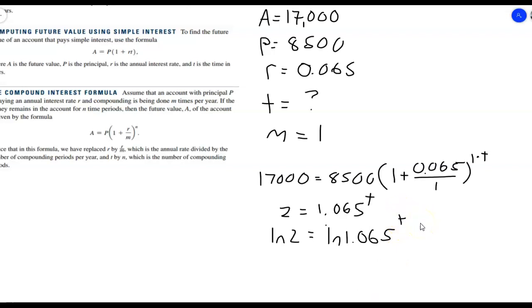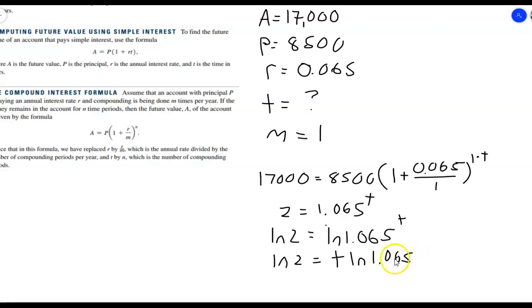And the special property of logarithms, which is on the bottom of page 384, says that if we have a logarithm, we can take the exponent and put it out front. So natural log of 2 is equal to t times the natural log of 1.065.